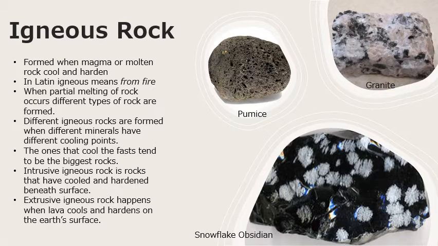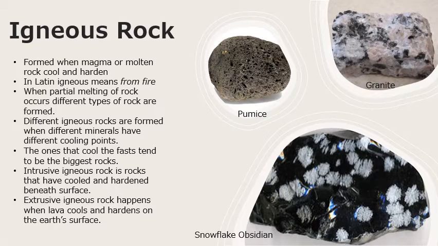Different igneous rocks have formed when different minerals have different cooling points. Because not all the minerals in our earth cool at the same rate, they all form different types of rock as they cool. The ones that cool the fastest tend to be the biggest rocks.